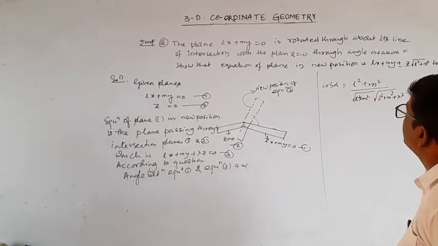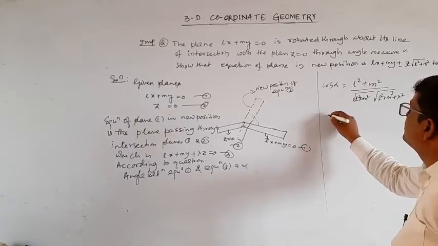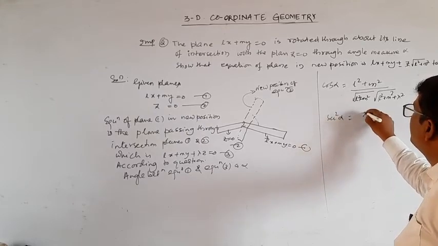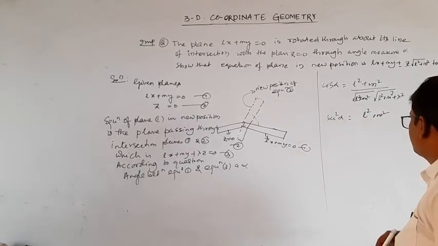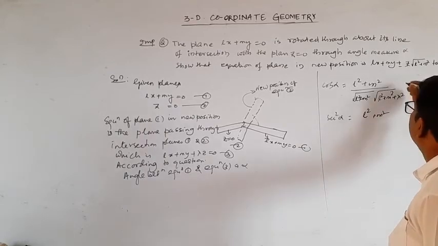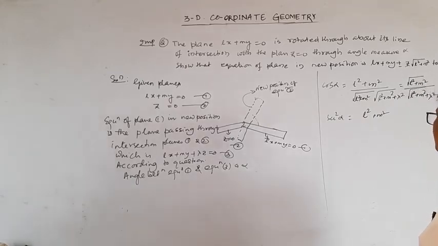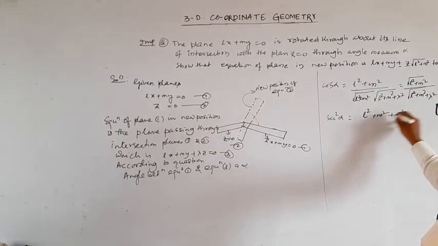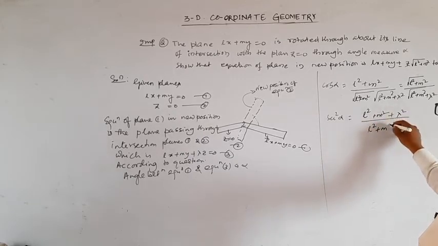So this is cos alpha, and we get sec square alpha is equal to L square plus M square plus lambda square divided by L square plus M square.